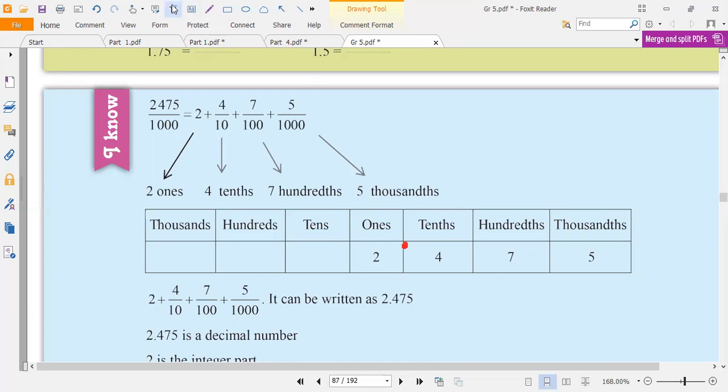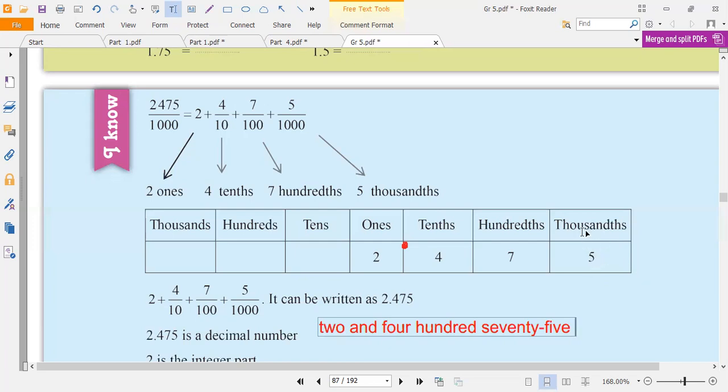We write it in words like this: 2, and when we see the point, we say and, 475, and we write the place of the last digit.